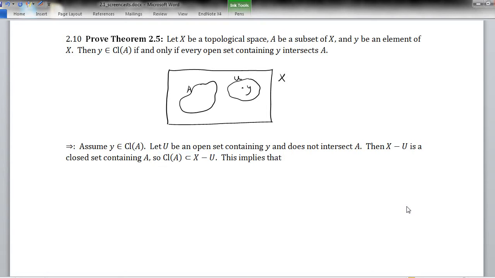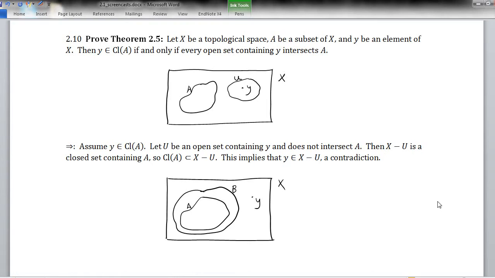Right, this implies that Y, which we assumed was an element of the closure of A, therefore has to also be an element of X minus U. Right. That's a contradiction because U is supposed to be an open set containing Y. Right? Y can't both be in U and in its complement. All right, so that finishes the forward direction of the proof.